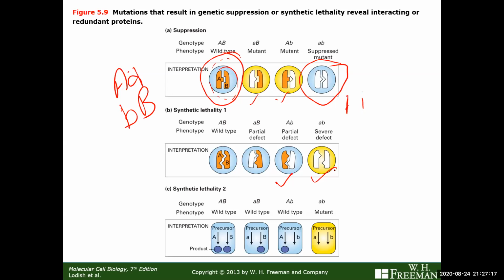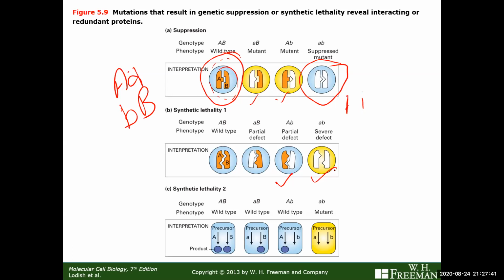That is, there is a product, whatever that product is. Now this product can be formed by two independent pathways, pathway A and pathway B. Pathway A is regulated by gene A, and pathway B is regulated by gene B. So if only A is mutant, then you will still make the product, but a little bit less of it.